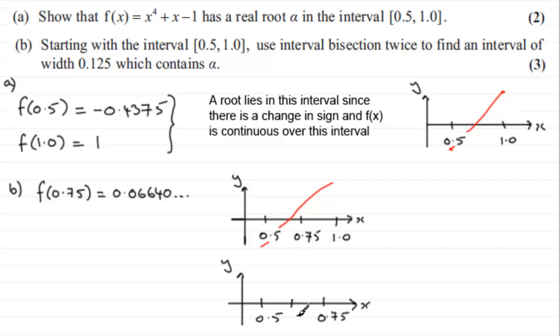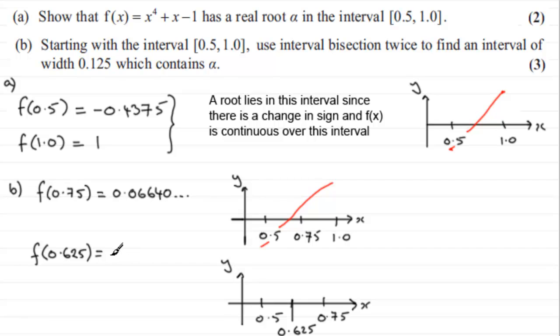And it turns out to be 0.625. So we'll just come down here a bit further, put 0.625 there. Okay? So we just need to do f of 0.625. What do we get?